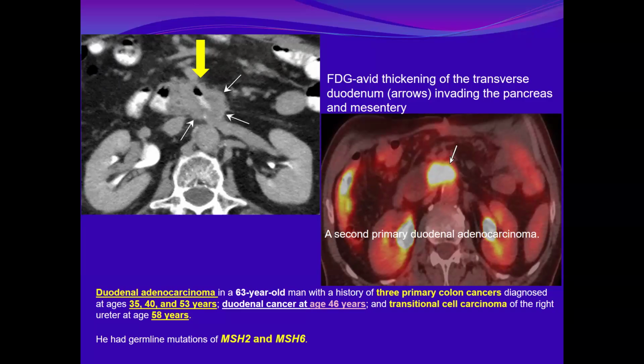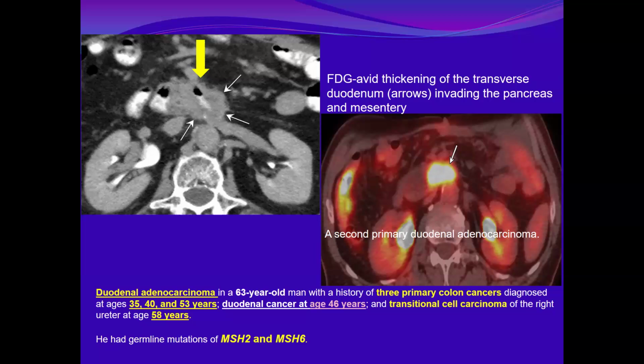You see here, infiltrating into the adjacent structures with avid FDG uptake, invading the adjacent mesentery and pancreas in a 63-year-old man with a history of 3 primary colon cancers, diagnosed when he was 35, 40, and 53.